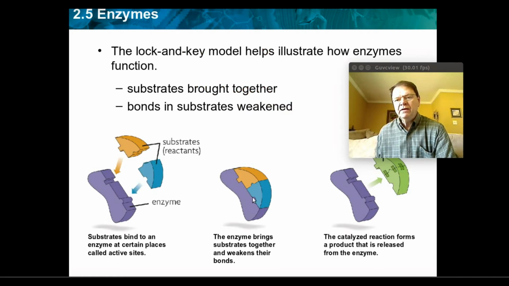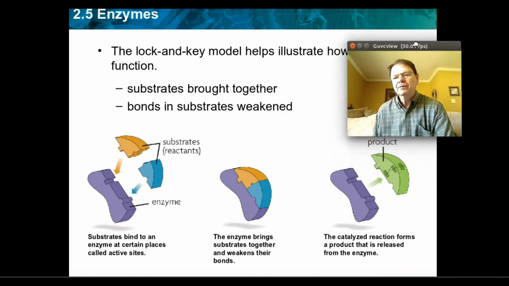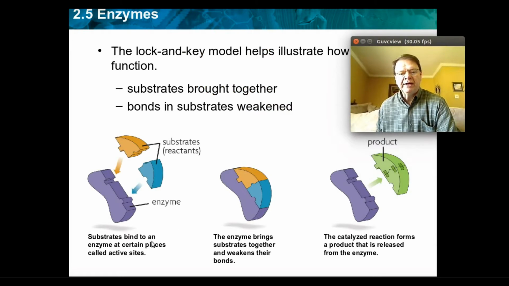So when the enzyme interacts with the substrate, it's going to weaken the bonds within the substrates themselves, and by binding to them and actually forcing a change, a three-dimensional change in the structure of that enzyme, and then causing it to weaken.